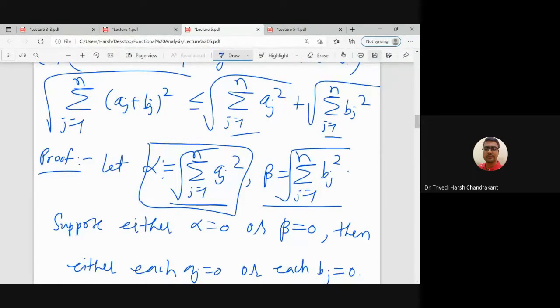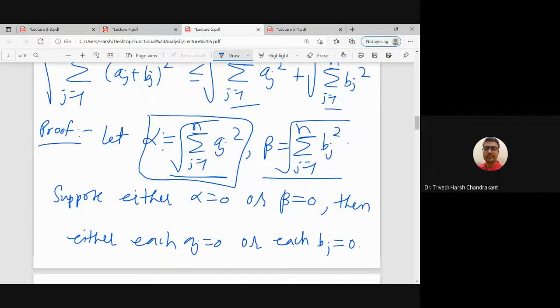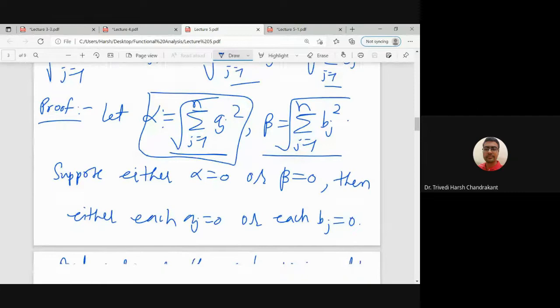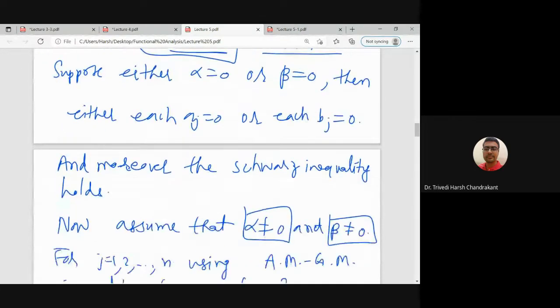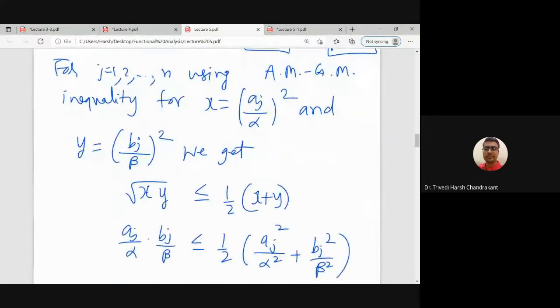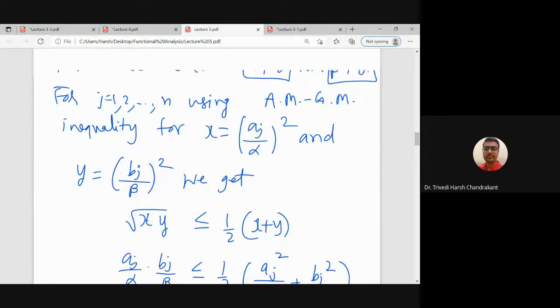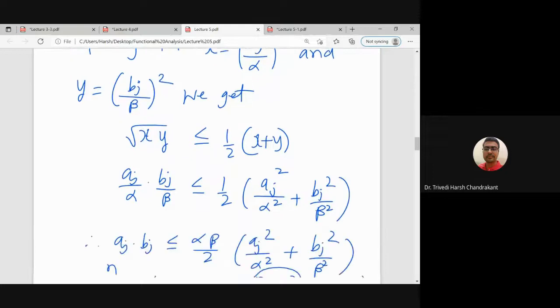Now again, if alpha is 0, that means the square root is 0, so its square is 0. The square being 0 means each aj is 0, so this is fine. And if alpha and beta are non-zero, then we can divide by them.